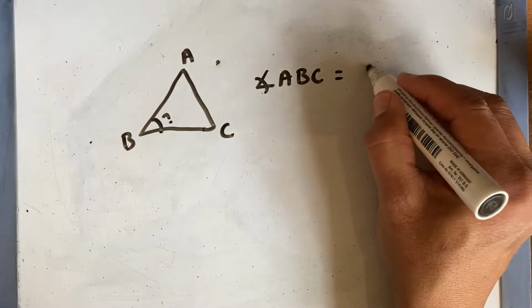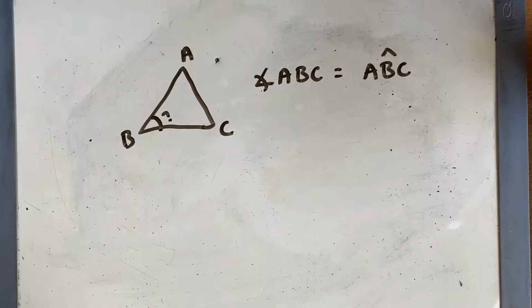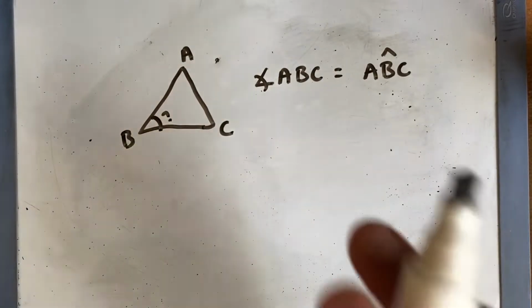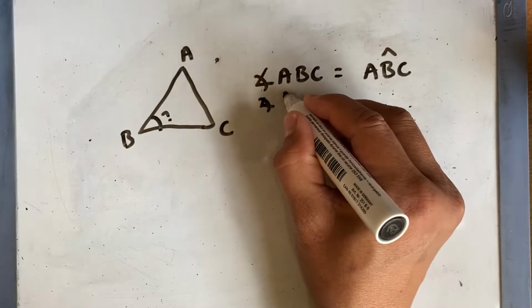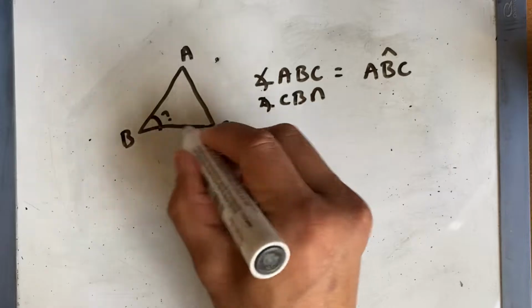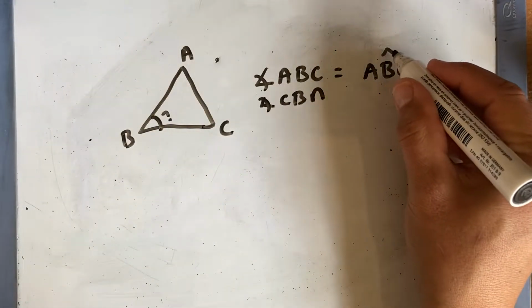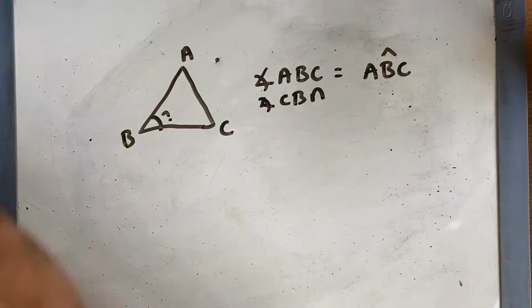Or sometimes you can write ABC with a little angle symbol. So you don't write angle B in the exam, you write it as angle ABC, or it could also be angle CBA. So CBA is also that angle, ABC is that angle, or you write a little hat on top of the B that also represents that angle. Good.